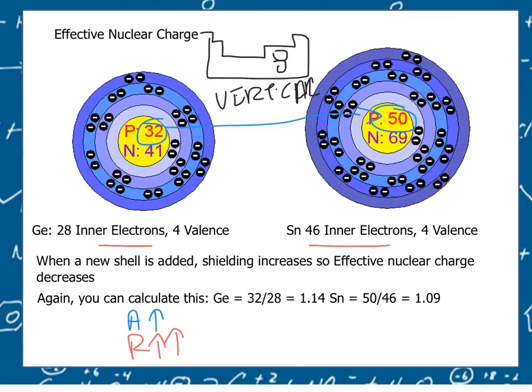And you can see it in the ratios that I worked out. 32 divided by 28, 32 attractions, 28 repulsions, is a bigger number than 50 divided by 46. So the effective nuclear charge is decreasing as we go down, because although the attraction and the repulsion are going up, the repulsion is going up more.